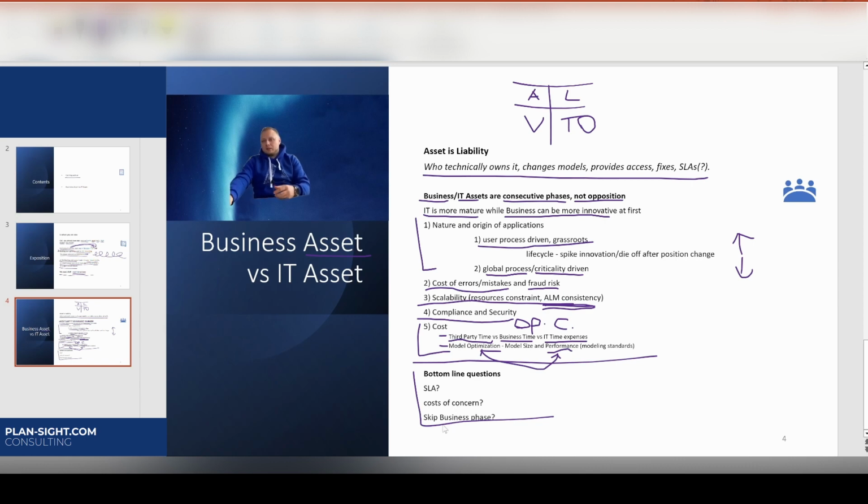Okay, and the third one: are you in a position to skip the business phase? The idea I was getting at is absolutely natural based on what I've seen in different organizations, where you first have Anaplan as a business asset and then as an IT asset.